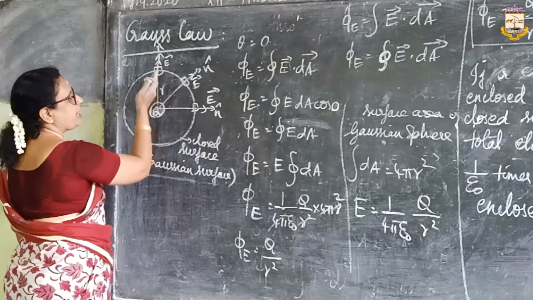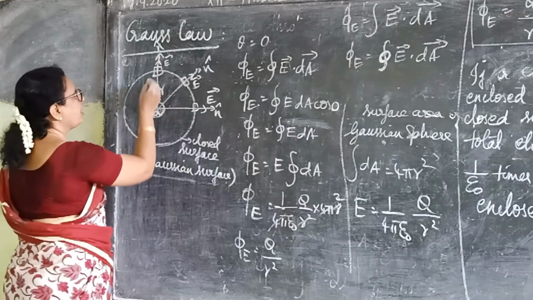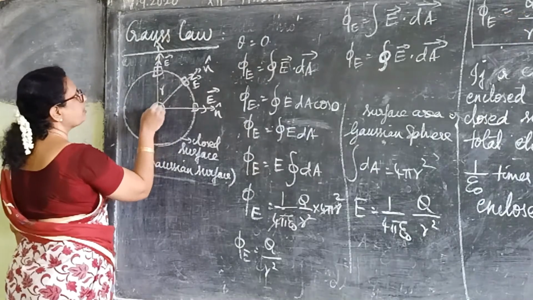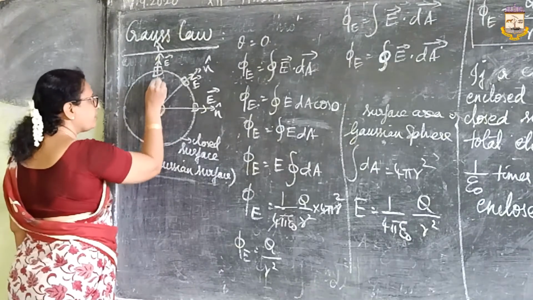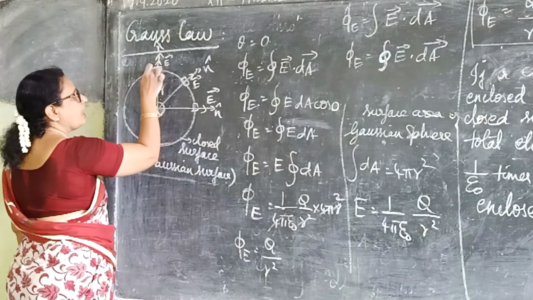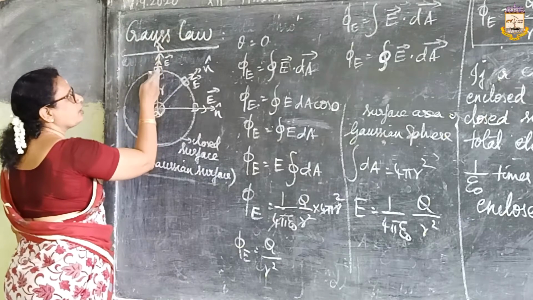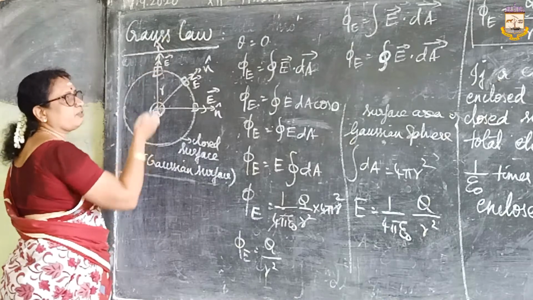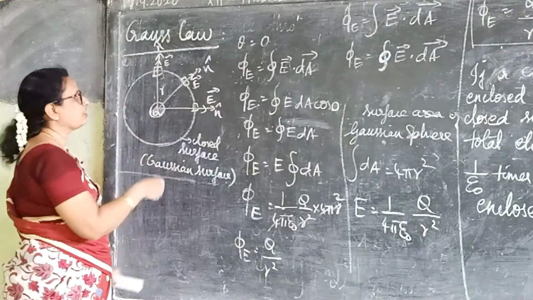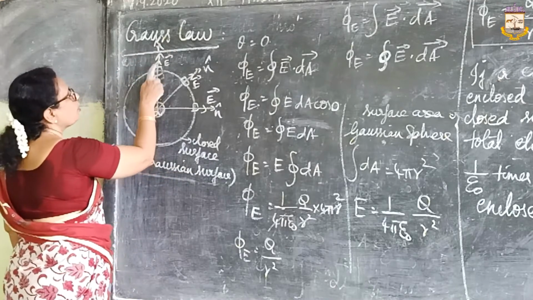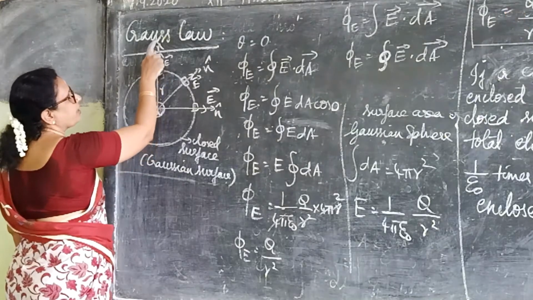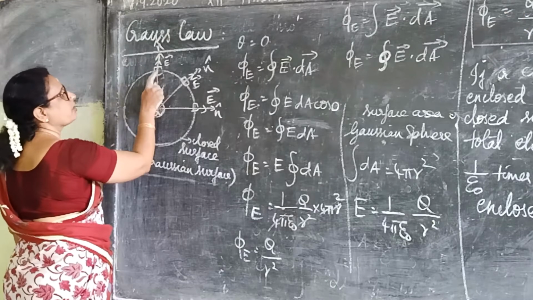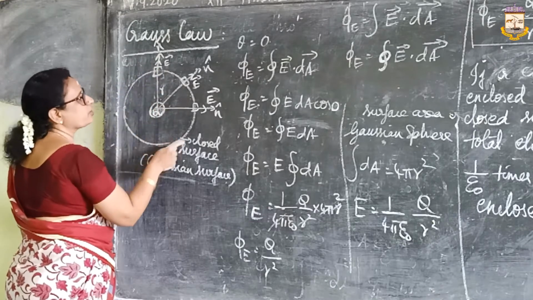Just for example, I have drawn 3 different area elements. At every point the electric field is normal to the surface of the sphere, and the area vector will also be normal to the surface. So the direction of the area vector n cap and the direction of the electric field are the same. This is the case at all points on the sphere.